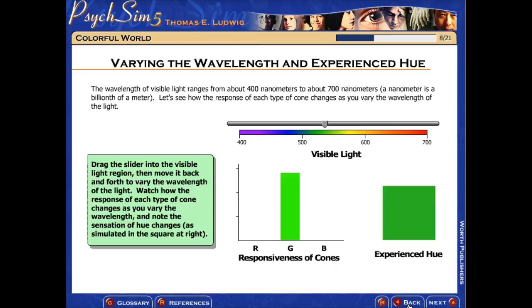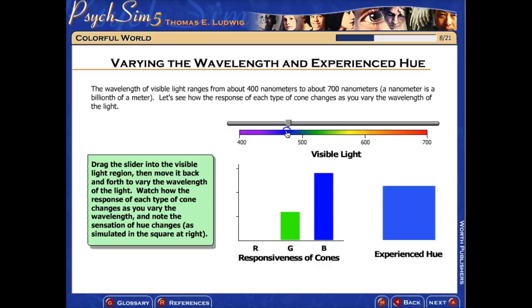Oh, this one. This is kind of an interesting thing. You can actually move the slider back and forth. For example, when the experienced hue is an orange, we're activating a lot of red cones and then some of the green cones. If we're seeing a yellow, these are more green than anything.